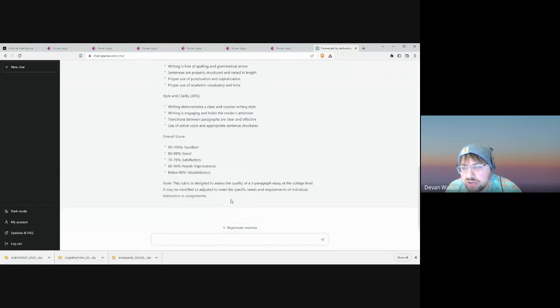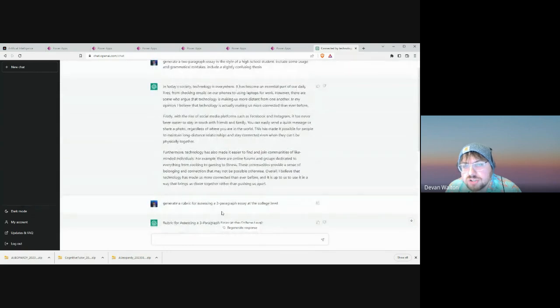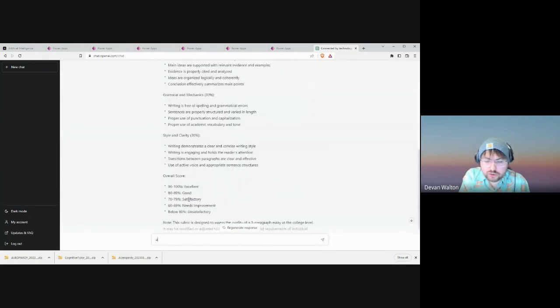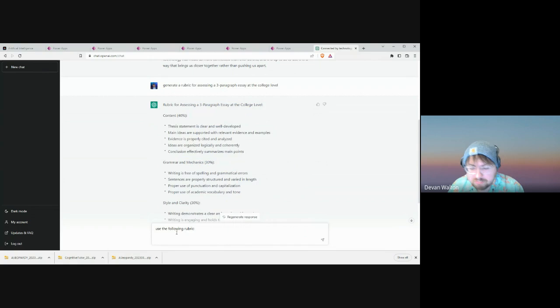Now, we have our rubric and we also have our essay. So we can do a new prompt: use the following rubric, colon, and then we can copy this rubric and just paste it in here.